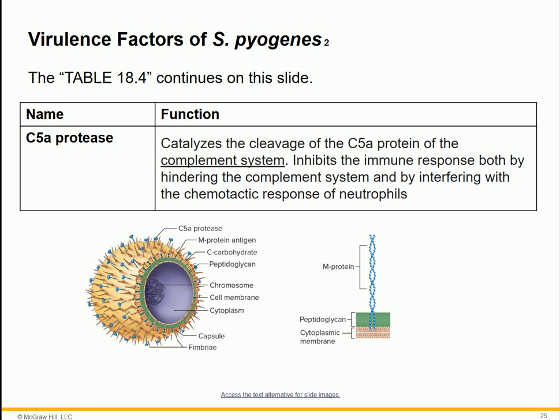When one protein is activated, it would activate the next. So you activate C1, which would activate the next one, and so on, kind of like that domino effect. Well, the C5a protease will destroy the 5th complement in this series, and therefore, the whole complement system will basically disintegrate.